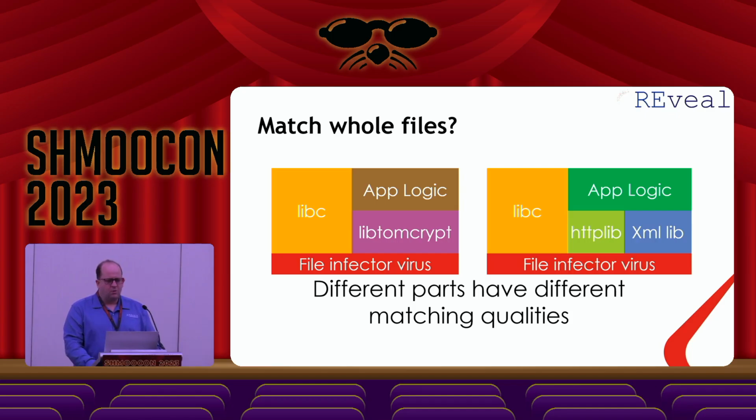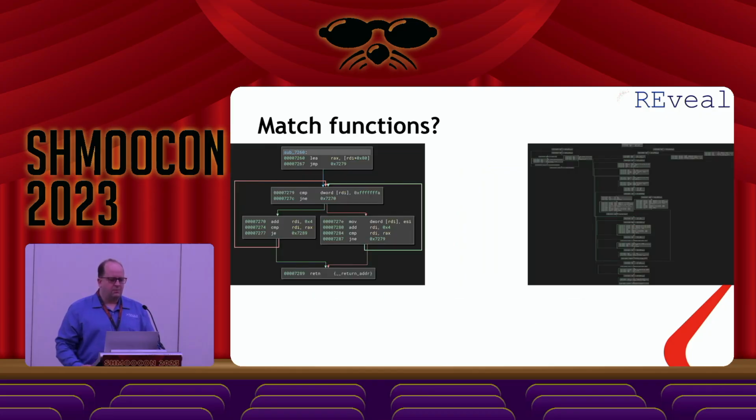So what if instead of whole files, we just break it down into matching functions. I have two control flow graphs here of two different programs, or two different functions. With a fuzzy hashing algorithm, they have to take whatever size input it is and scrunch it down to a single hash.